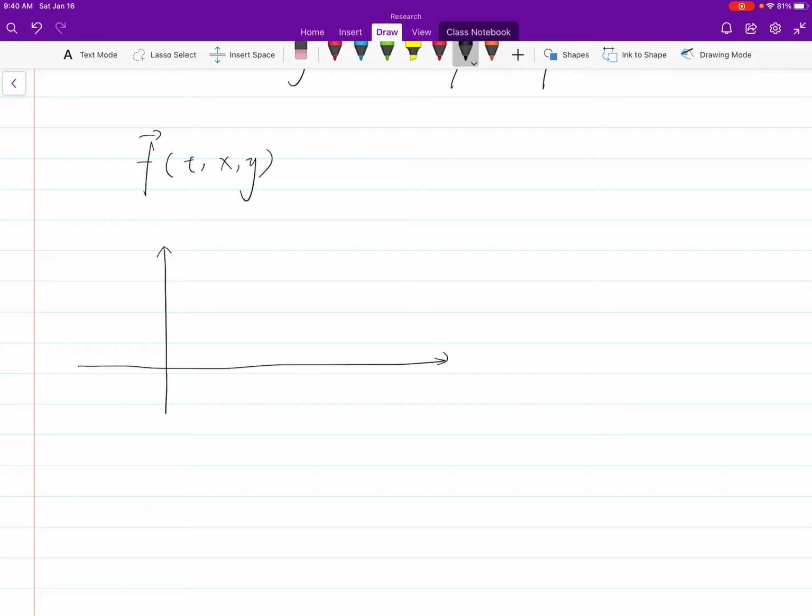Then it's very possible that solutions can intersect, and moreover, even a solution can intersect itself, because you can intersect yourself at a different time. The first time you pass this was at an earlier time. The second time you pass this is at a later time. So from here you can see your solution curve actually will not get confused. You still have a unique future, even if you intersect yourself, because you intersect at a different time.